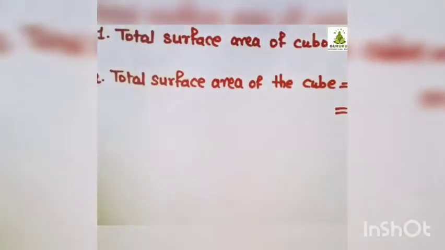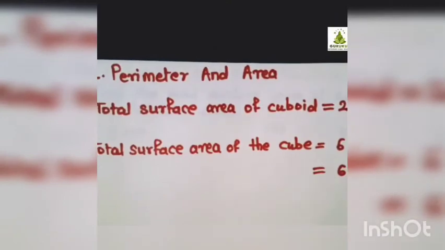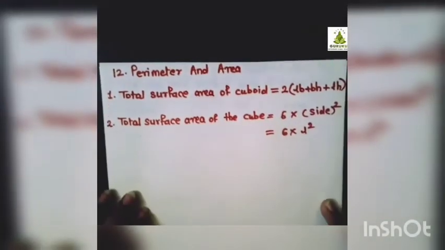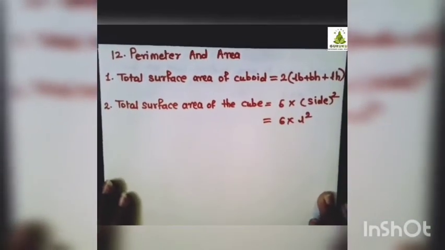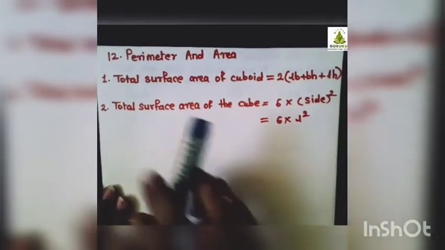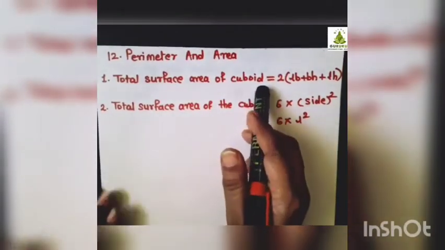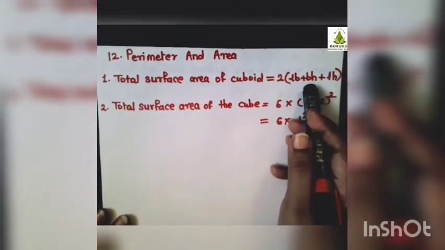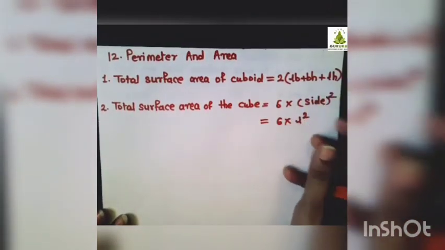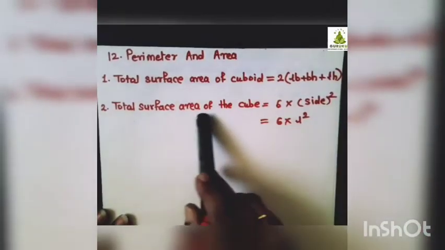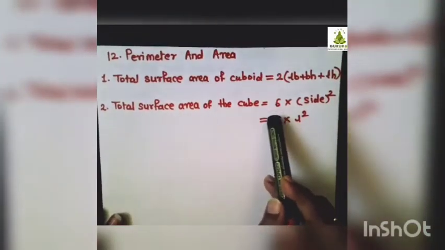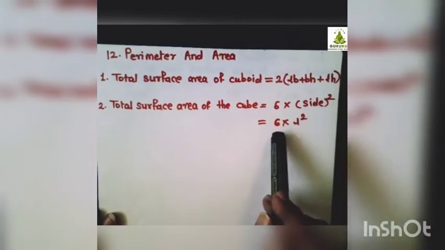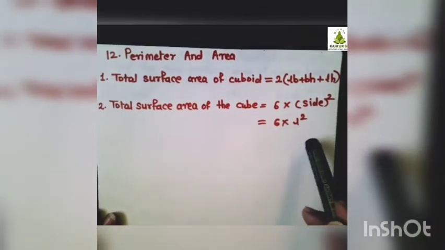Therefore, you have to remember 2 more formulas in this lesson: the total surface area of a cuboid is 2 into bracket L into B plus B into H plus L into H, and the total surface area of a cube is 6 into side square, or 6 into L square.